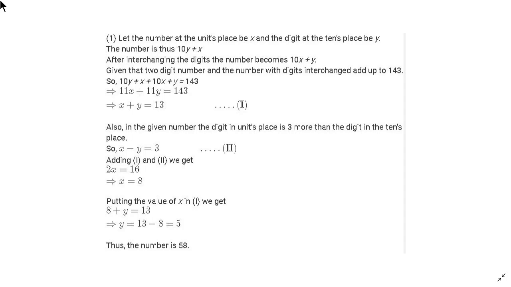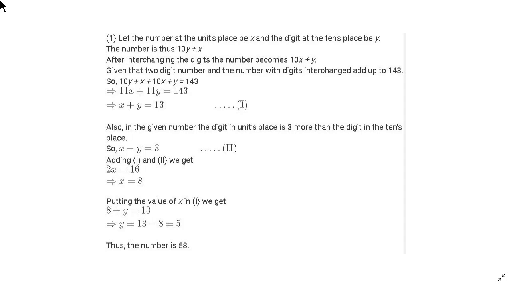In these types of word problems, we need to find out what the conditions in the example are. The first condition is that a two digit number and the number with digits interchanged add up to 143. But what is the equation format of it? So let's assume the number.